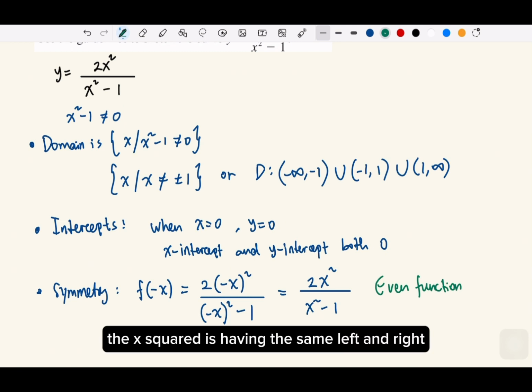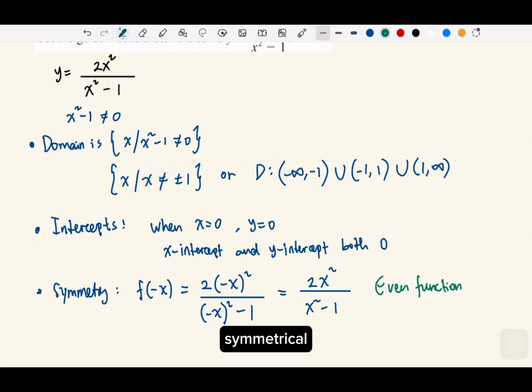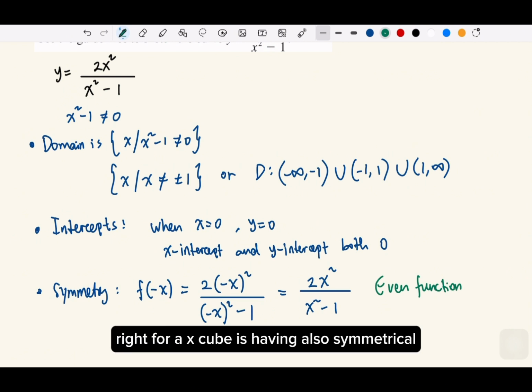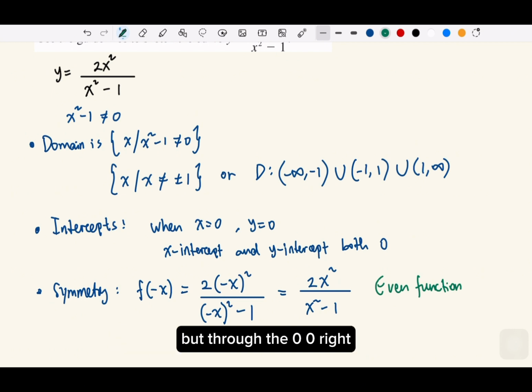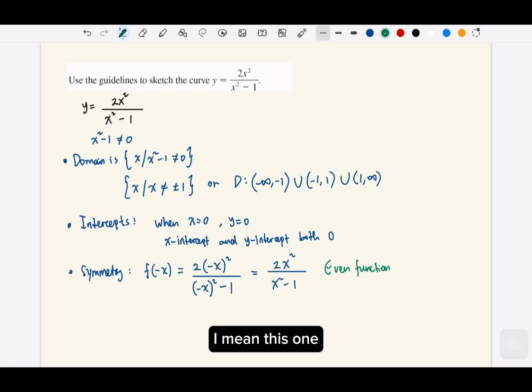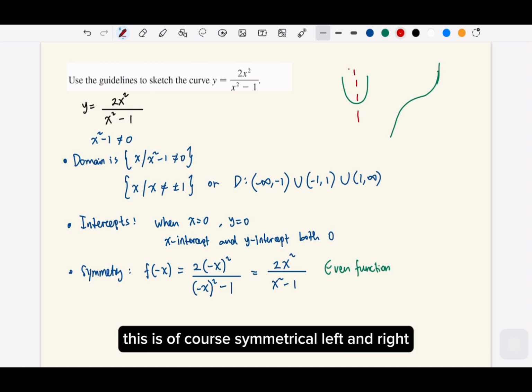The x squared has the same left and right, symmetrical, right? For x cubed, it's also symmetrical, but through the (0, 0), right? You can imagine this one and that one. This is, of course, symmetrical left and right.